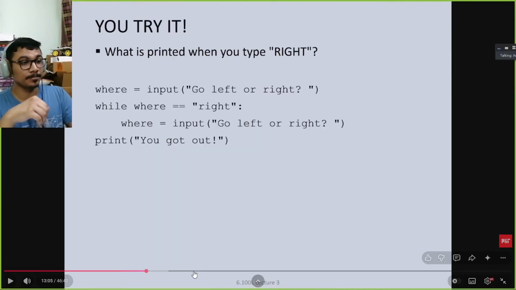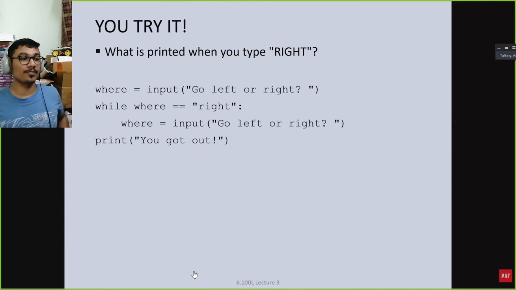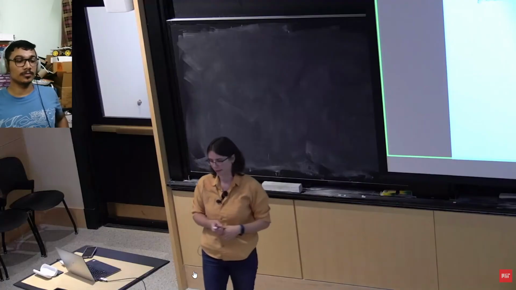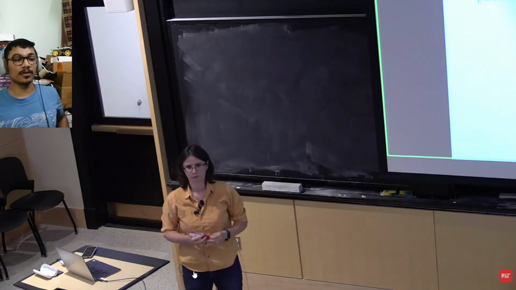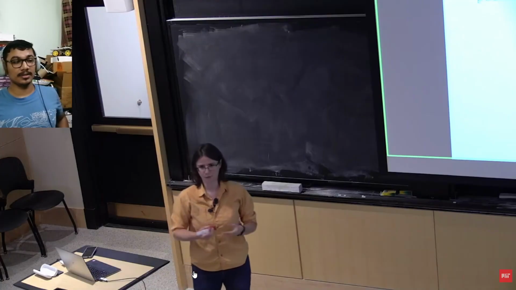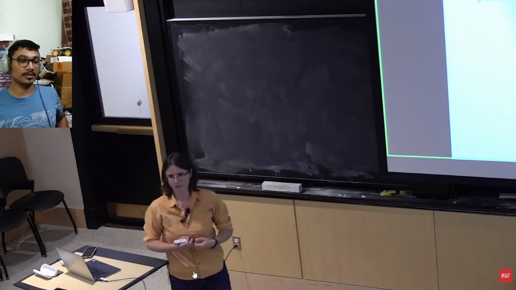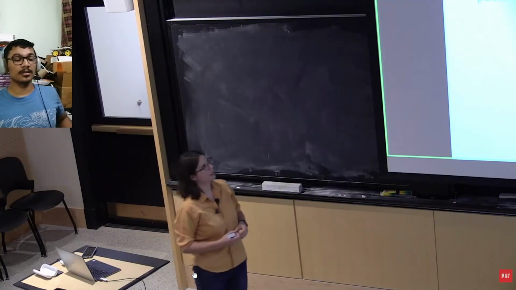Question. What if the user types in capital RIGHT? What do you think will happen? Are we going to ask the user to go left or right again, or are we going to tell them that they got out of the forest? They got out of the forest. Yeah, they got out. Do you want to say why? Yeah, exactly, because it's not lowercase.